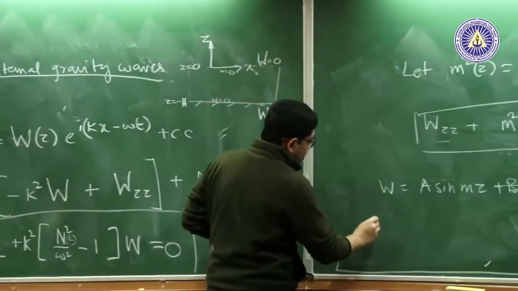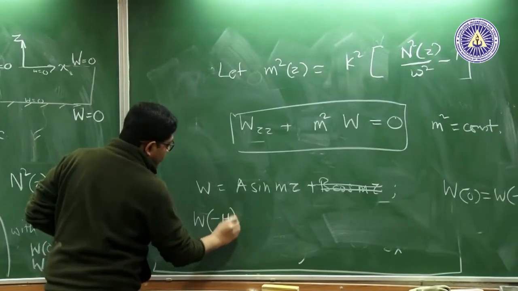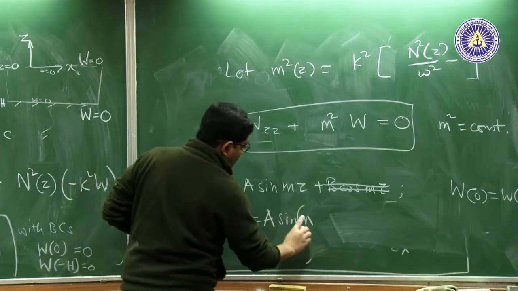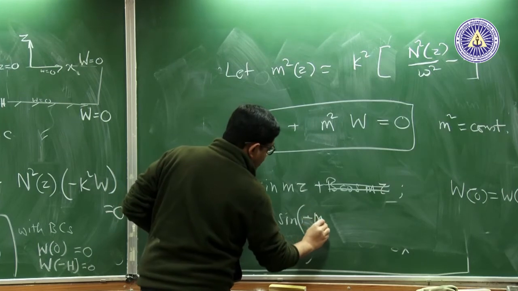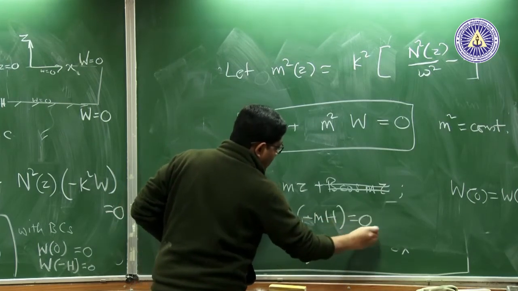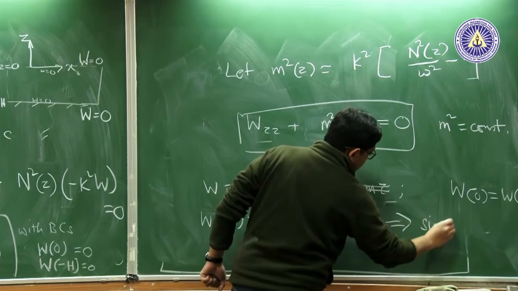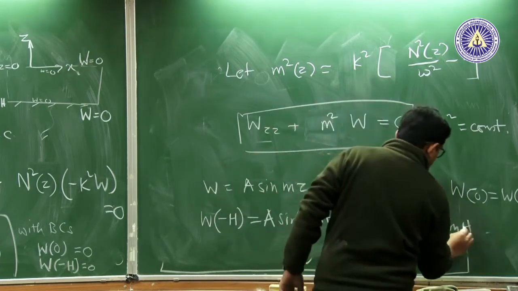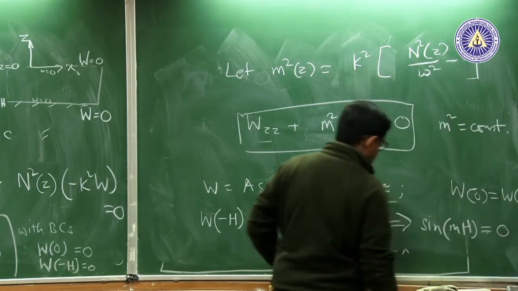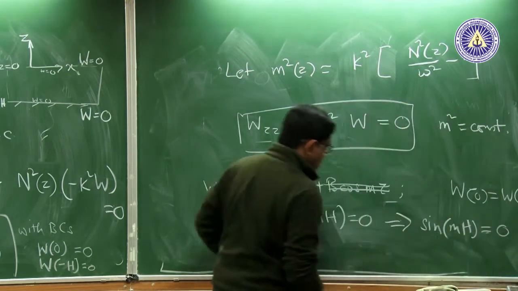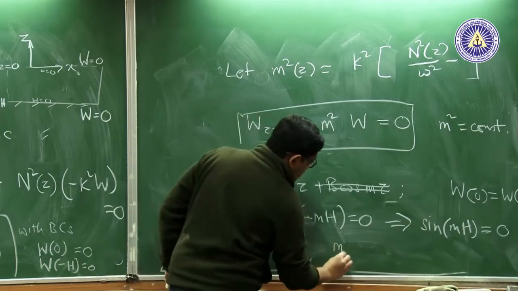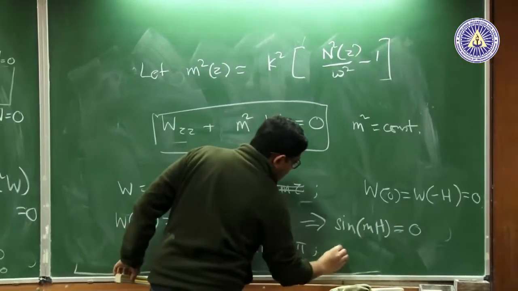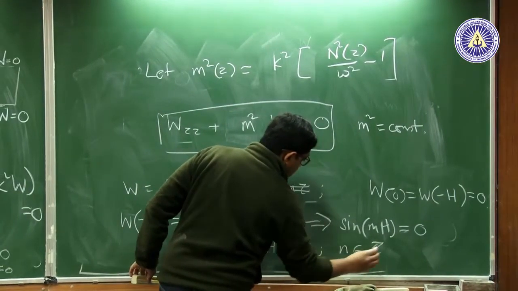So W of minus H is A sin of minus mH, which is 0. So it should give you sin mH is 0. So mH is n pi.